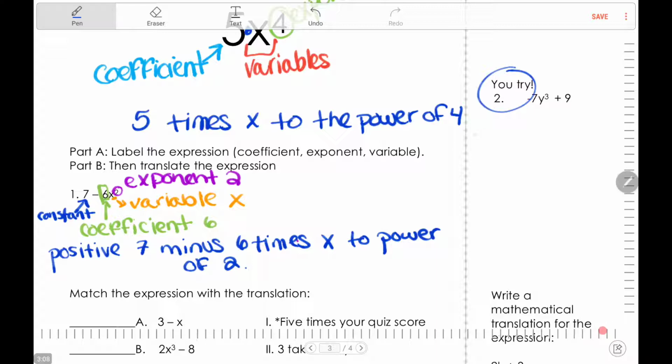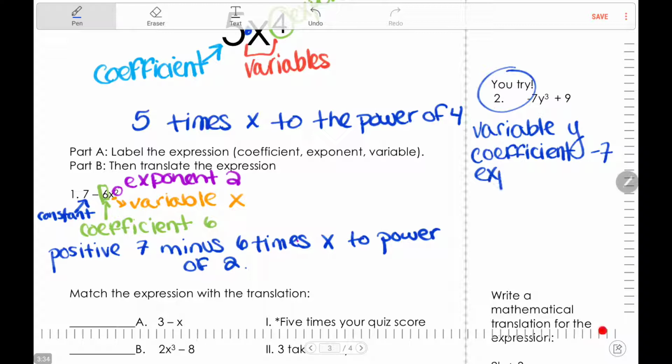So when you tried number 2, you should have gotten your variable is y. Your coefficient is negative 7.